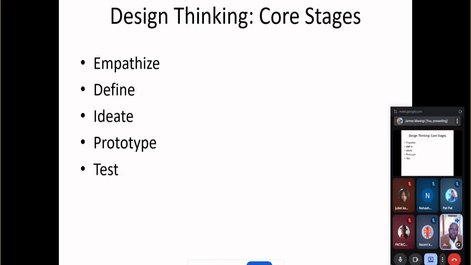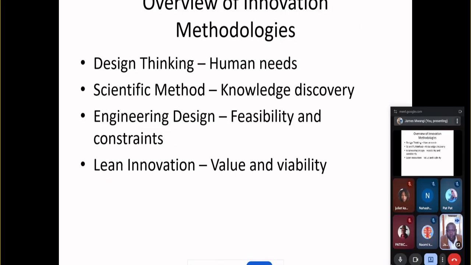So let's look at the design thinking strategy, which is human based. Which are the core stages of design thinking? As we said, we go back here. We have design thinking, we have scientific method, we have engineering design, and we have lean innovation.